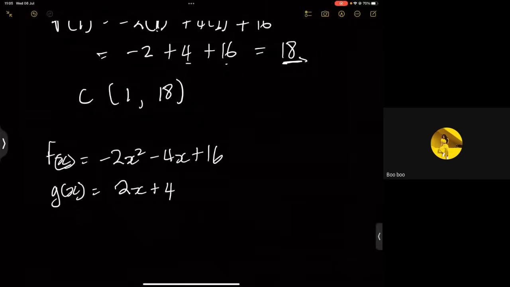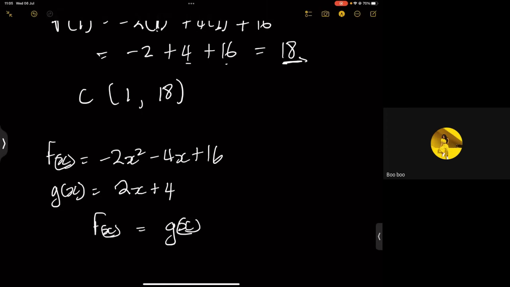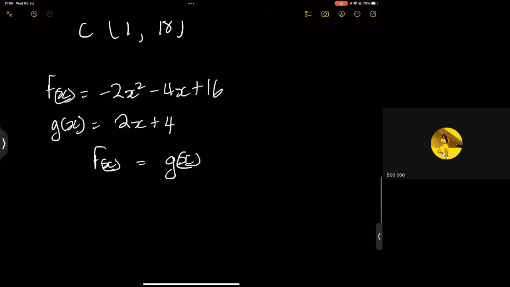Both of the graphs are meeting at that point, right? It means f of x is equal to g of x at that point. So f of x, which is minus 2x squared plus 4x plus 16, is equal to 2x plus 4. Now let's try and solve that quickly.